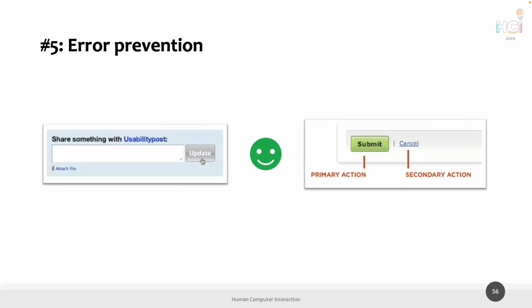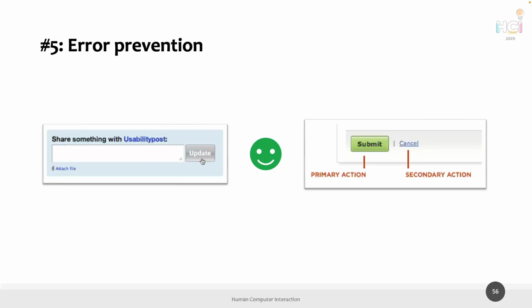Here instead are good examples. So this is a mandatory field, so the button is disabled unless I attach something. And also in this case, there are two buttons, one to submit a form, the other one to cancel, so a primary and a secondary action, and they are very different, right?